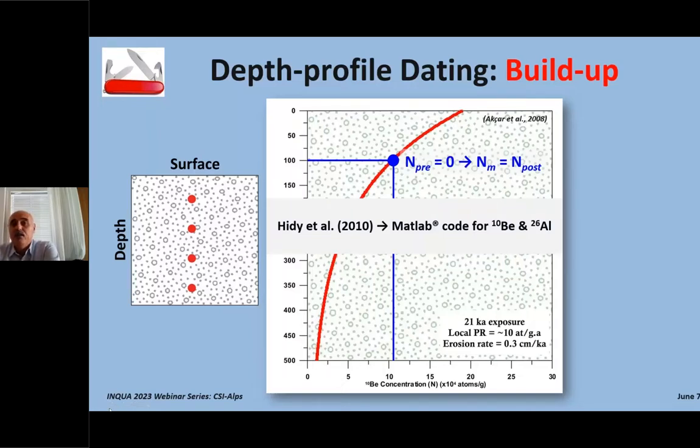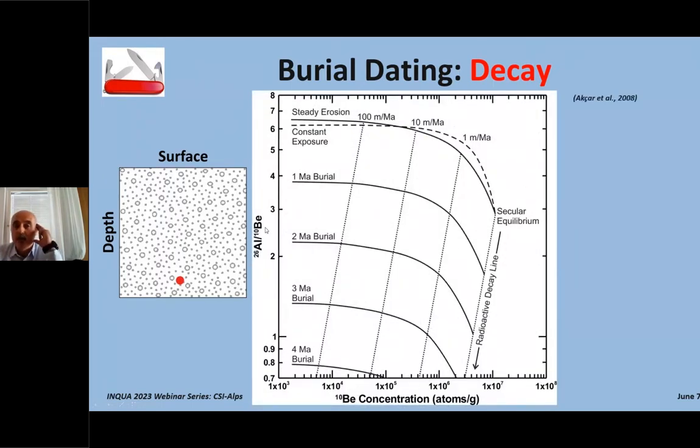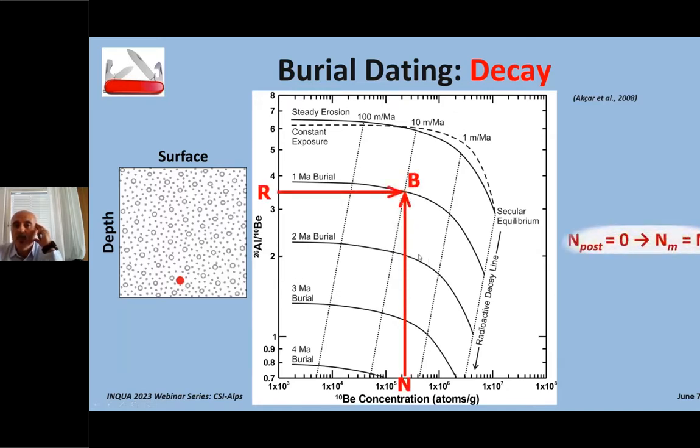To tackle this, what you could do is burial dating. So you can use the decay of the cosmogenic nuclides. In that case, you need 2, aluminum and beryllium. In quartz, for example, you go to a deeply buried deposit, get your sample, and measure aluminum and beryllium concentrations. If you can do that, you can get the age of your deposits.